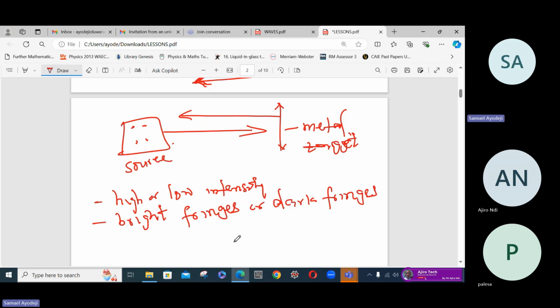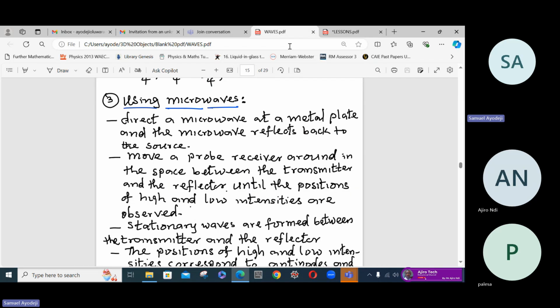You can also say high amplitude or low amplitude. It can determine those as well. Anything that represents something high, maximum or minimum. So that's what it does.